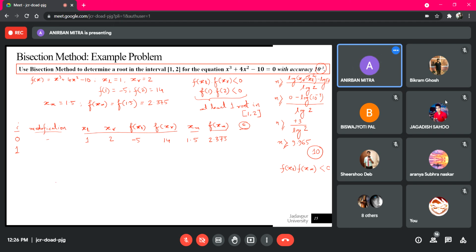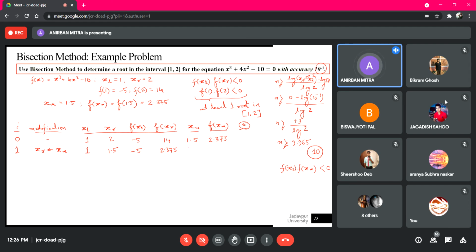So let's write it as XR moves to XM. So here 1 remains unchanged, that is the left hand side. This one becomes 1.5. So this is unchanged, -5. This is 2.375. So as you can see, previously it was 1 to 2. Now it has become 1 to 1.5. So the interval is already half.